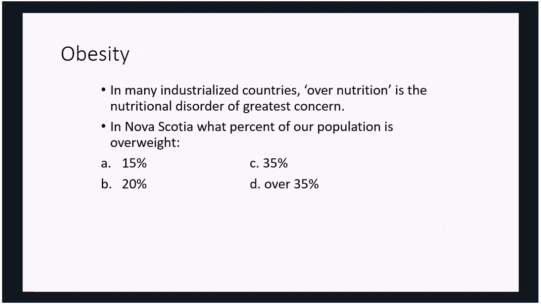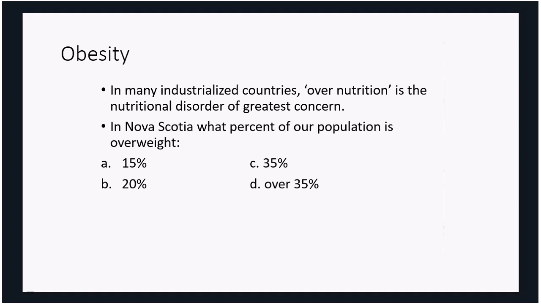So obesity. Depending on where you find your sources, it's a growing concern in industrialized countries. People are eating too much and not getting enough exercise. There's a larger percentage of us that are overweight now.